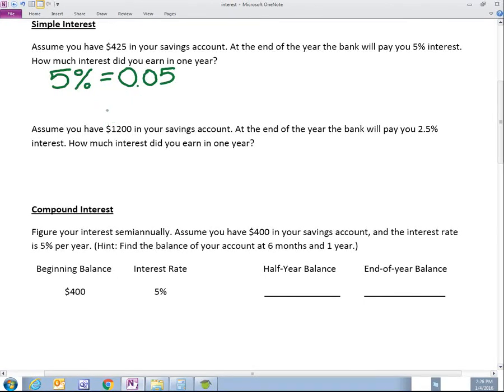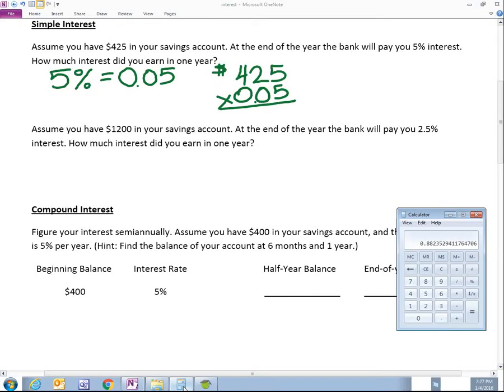So we know that we're going to do something with that. Our next step is we take how much money we have, our principal, and multiply that by our interest rate. So we do 425 multiplied by 0.05.